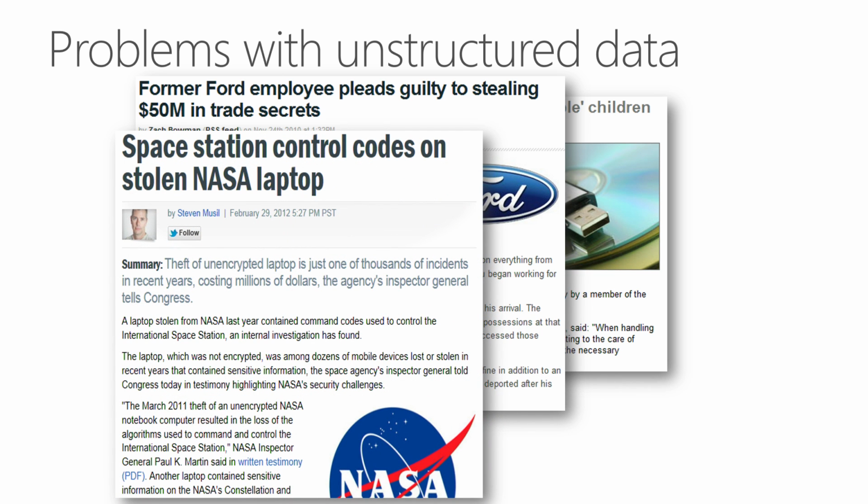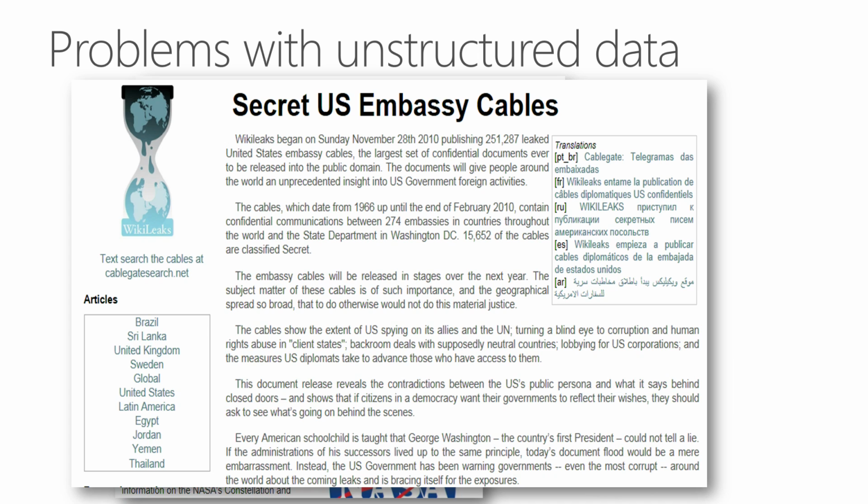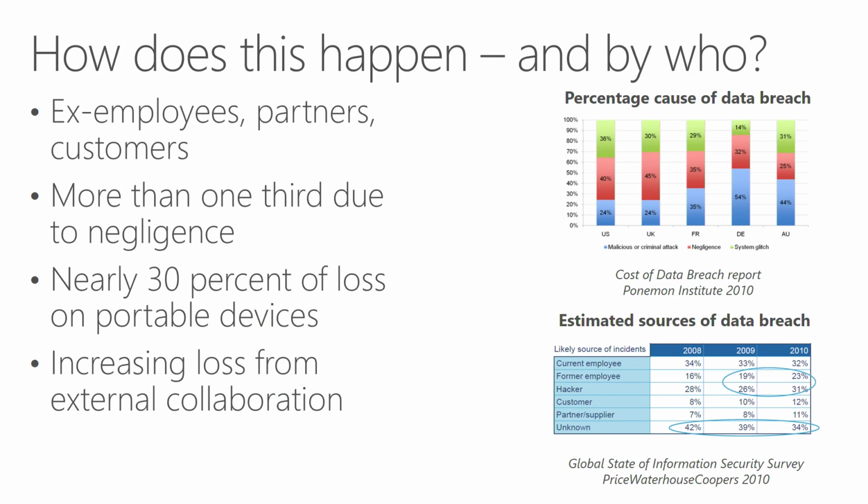More examples: a quite significant incident with the space station control code leakage. The other one, as Australians, we probably know well, is the WikiLeaks leakage. To save a bit of time, when you first think of who caused this data leakage, the first category of person coming to mind is probably the hackers.